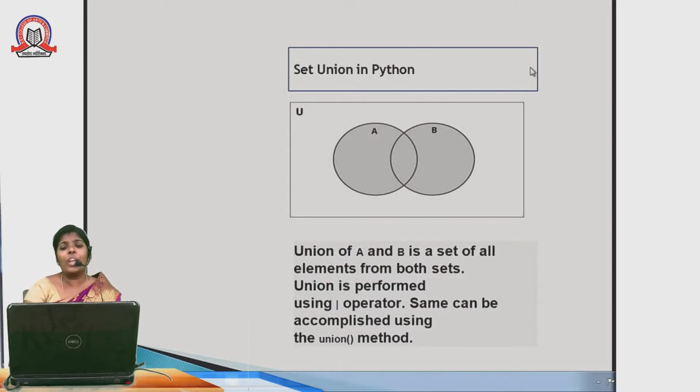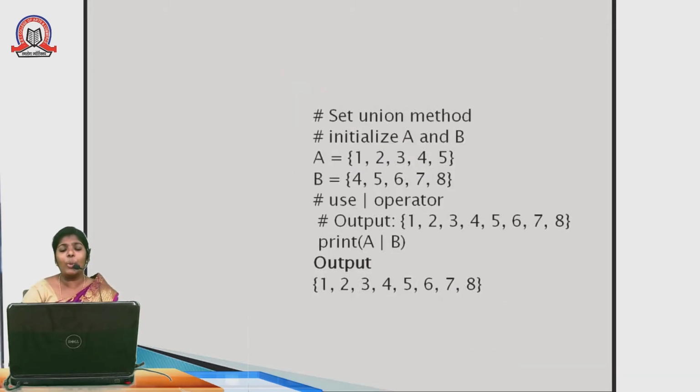So union of A and B. Now say A equals 1, 2, 3, 4, 5, and in the B set we have given 4, 5, 6, 7, 8. We are going to perform the union function to combine set A and set B. The output will be 1, 2, 3, 4, 5, 6, 7, 8, and the repetition will not be there.